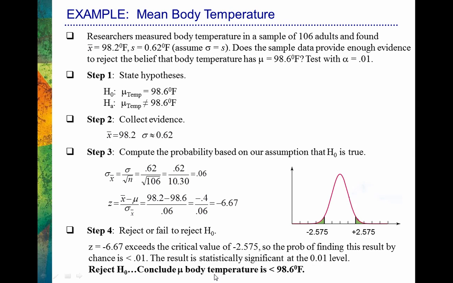So we reject the null hypothesis and we conclude that the population mean body temperature is less than 98.6. So we're ruling out that null hypothesis, rejecting it, and taking on the alternative. Body temperature is less than 98.6 degrees. We can conclude that because our sample mean is statistically significantly less than 98.6 degrees. That's a pretty interesting example.